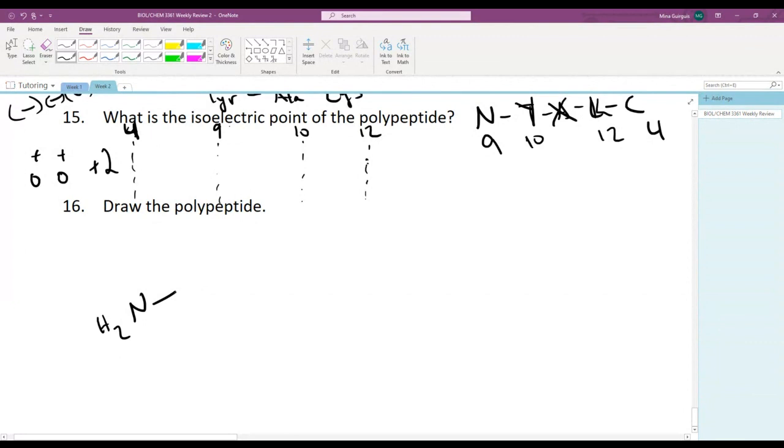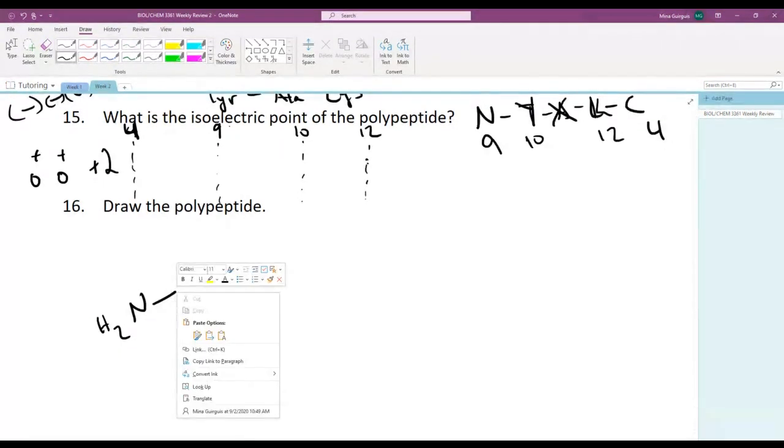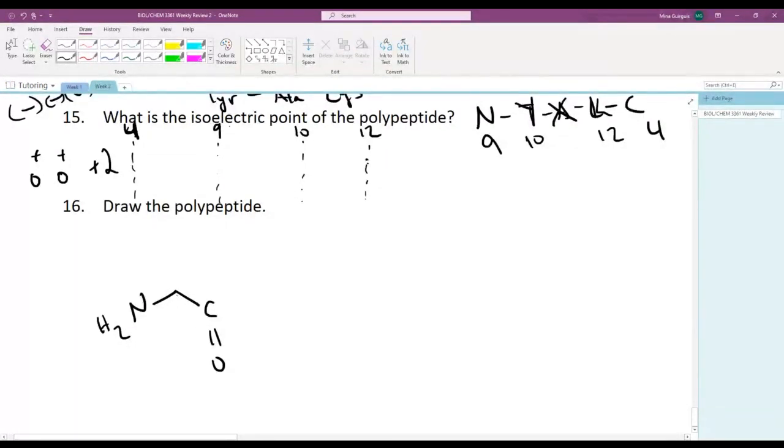If you guys want, I can also draw it later on as a full structure with every carbon and hydrogen shown, okay? I know that this central carbon is going to have a hydrogen. I know that then it's going to connect to my carbonyl. So I know that there's a hydrogen here. And then I know that I need my variable, like my R chain, okay? So my first amino acid is tyrosine. What should its variable chain look like?